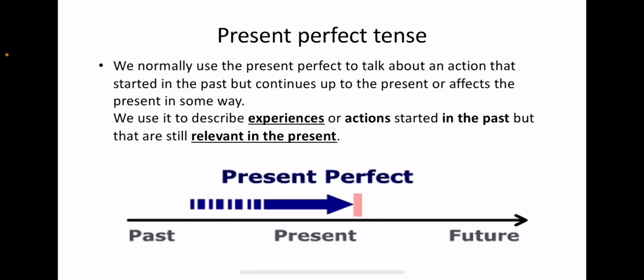So the action started in the past, continued in the past, and now it's relevant or affects the present in some way. We also use it to describe experiences or actions that started in the past, but that are still relevant in the present. Let me show you some examples so you understand better how the present perfect works.